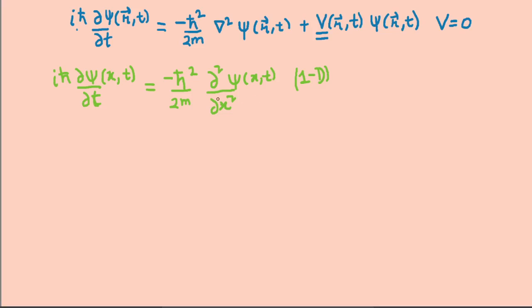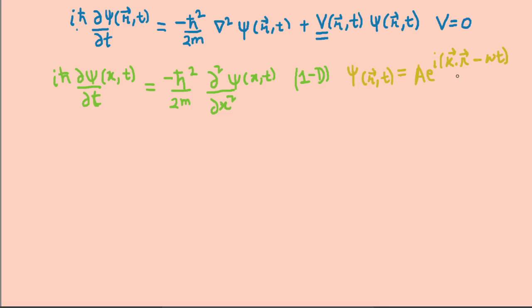So along the x direction, before that, a general plane wave has the form psi at a position r, t equals A e to the power i, k dot r, dot product of k and r, minus omega t, the angular frequency, times t.